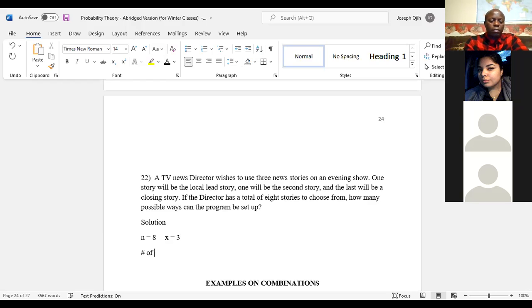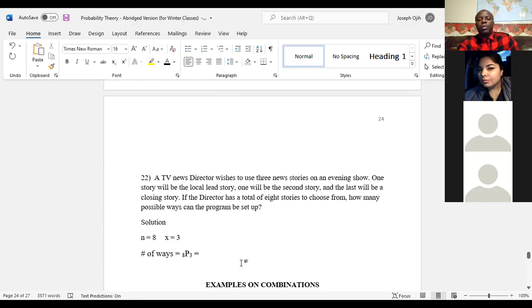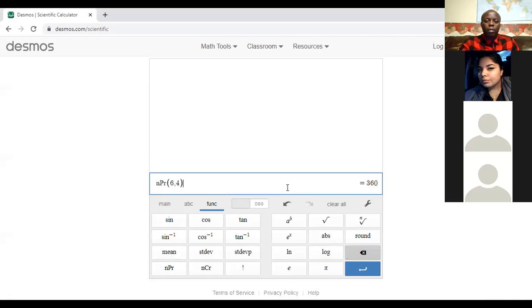The number of ways will be 8 permutation 3. Make it big. That means 8P3. You go to your calculator and you will see P. Clear this. 8, 3. 336 ways you can choose from.